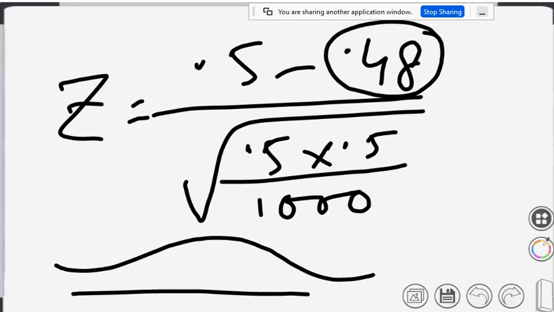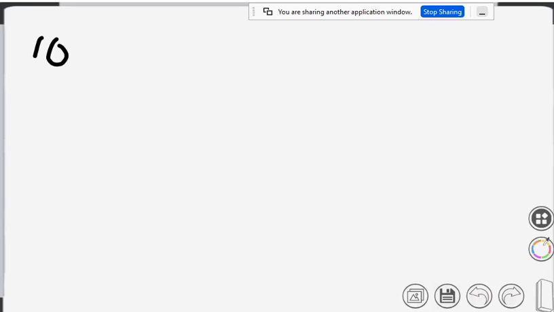So let's finish the problem, and I hope you can complete that problem. Number 10.24. What does 10.24 say? 9 items of a sample had the following values. Small n is 9.